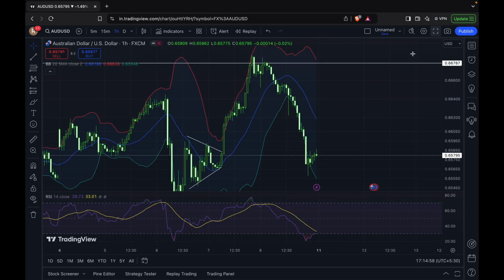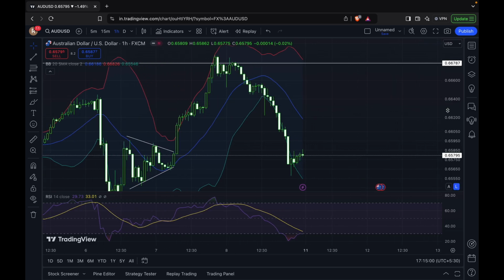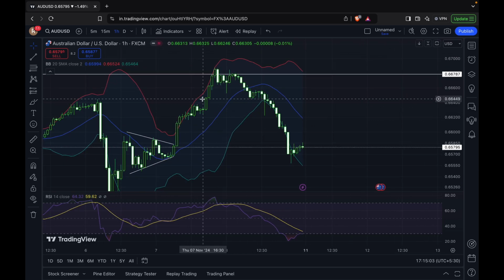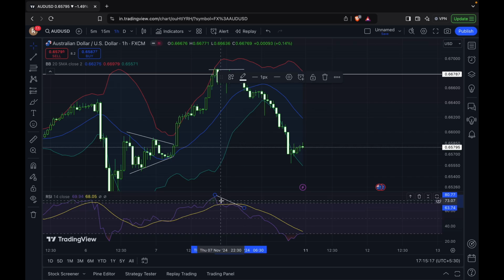Now as soon as you move into the hourly time frame, you will notice that the price is starting to make a double top, and this double top is also accompanied with an RSI divergence. You can see the divergence is clear.